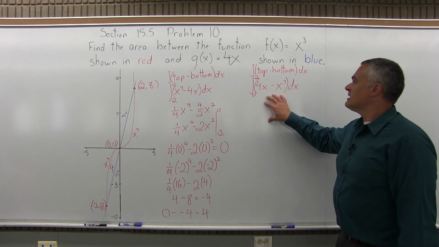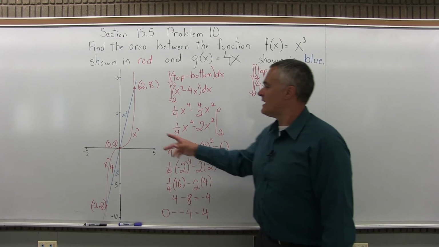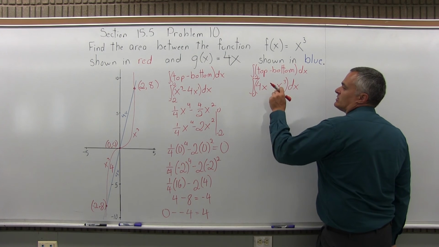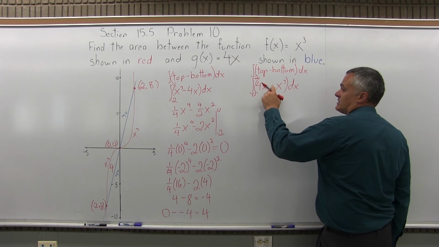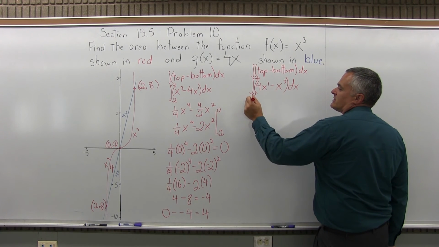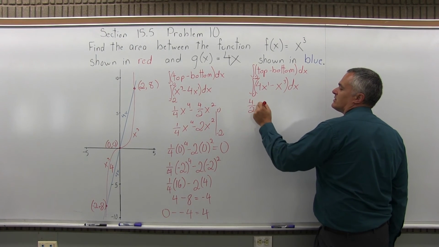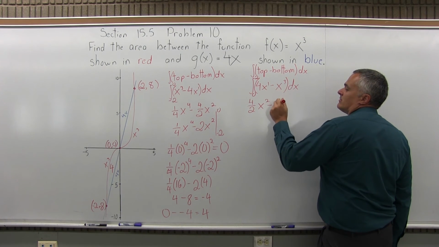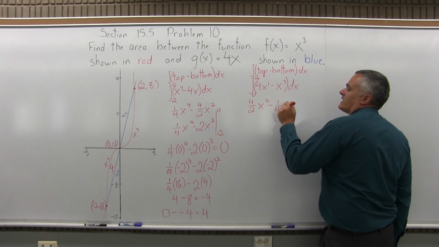So now I have a second definite integral that I need to solve to find that second piece of trapped area between the red and the blue graph. So step 1 of my 4-step process is solve the integral. The 4x can be thought of as a 4x to the first. The integral is 4 over 2x to the 2. Then the x to the third will have an integral of 1/4 x to the fourth.